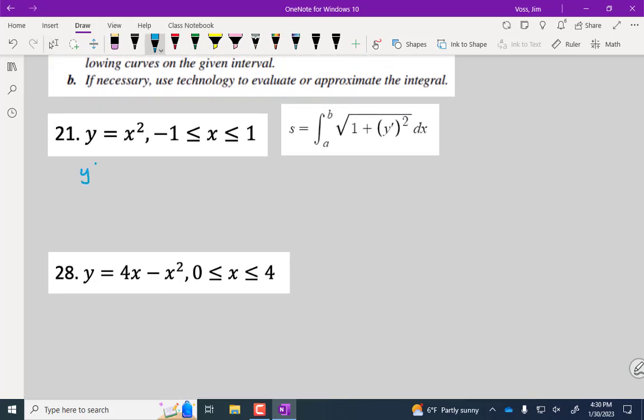So with this one, we're going to take our derivative, and we're going to square it. We get 4x squared. And when we come over to plug it into our formula, we have an integral from -1 to 1. And we have this function that is not integrable at this stage of the game.